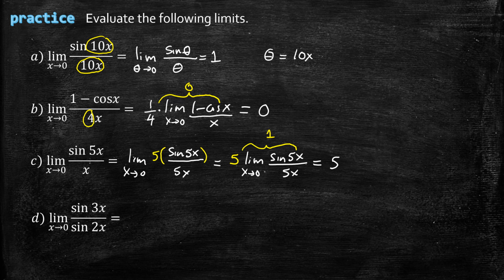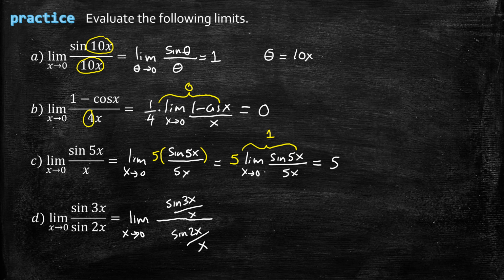Finally, what about something like this? We have to do a little more algebraic manipulation here because we don't know anything about sine 3x and sine 2x alone, but we know that if we could do sine 3x, ideally we would want to divide by x, something like that. So sine 2x, we could divide the top and bottom by x.